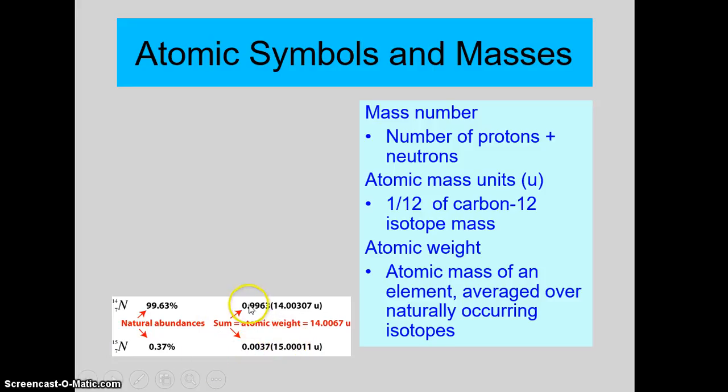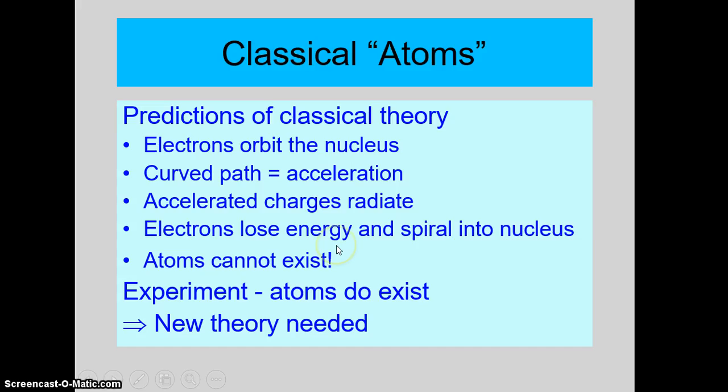So you multiply the percentage times the AMU of the isotope, and then add it to the percentage times the AMU of the other isotope, or however many isotopes you have. This was an example with just 2. Sometimes there's 3, sometimes there's even 4, and so on. It's a very simple calculation, and that's what you find on the periodic table.